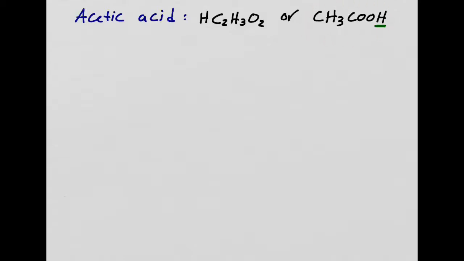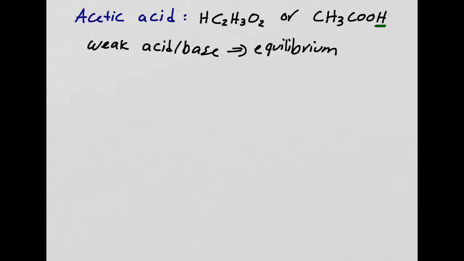Now, I need you to remember that we said every time we have a weak acid or base, and I want to write it down because I want to make sure you really understand this before we move on. Every time we have a weak acid or base, we will have an equilibrium, and we would need to do a hydrolysis.